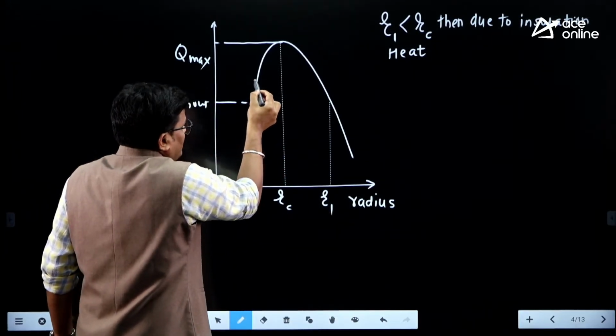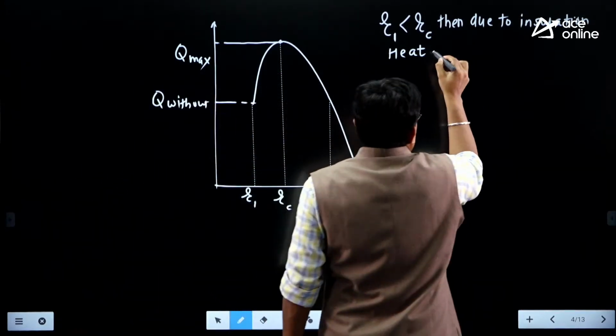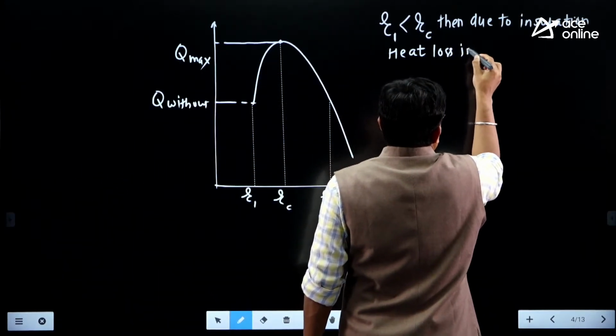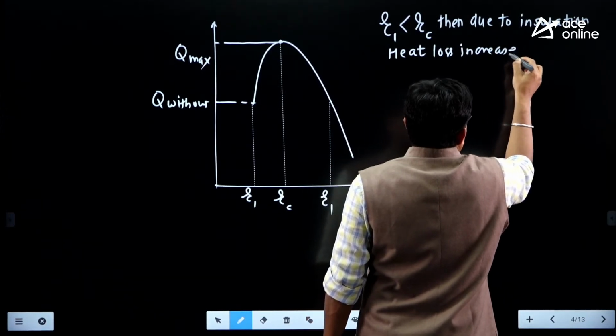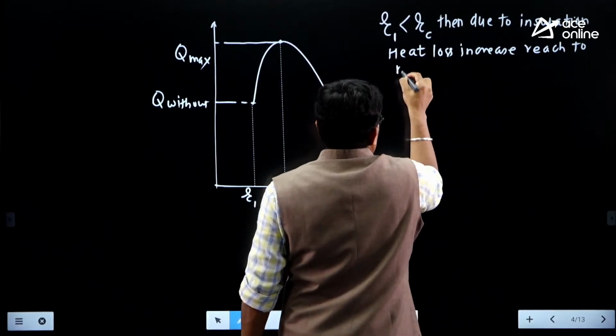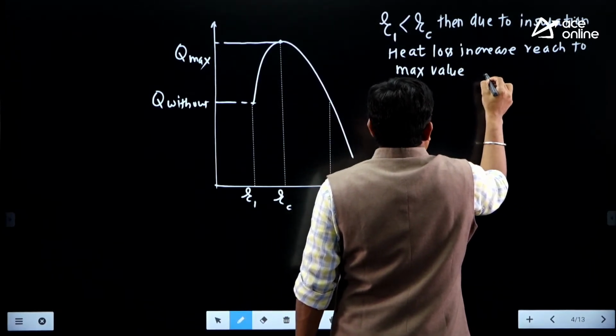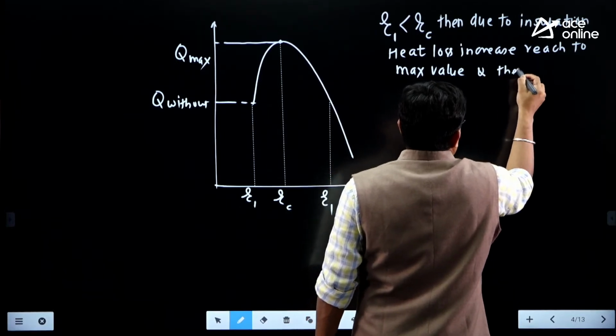If you insulate, then the heat loss keeps on increasing, reaches a max value, and then starts decreasing.